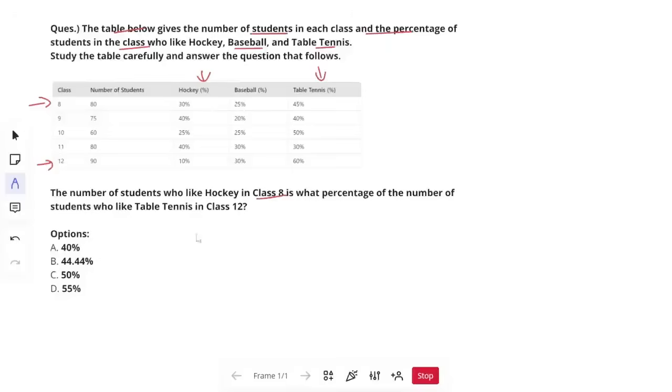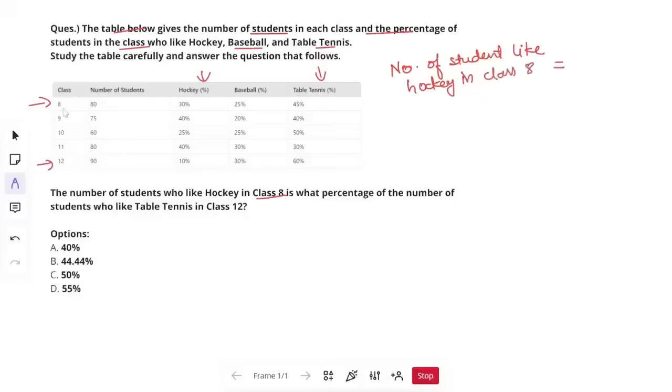So in order to find the ratio which is asked of us, or the relation which is asked of us, the first thing we need to do is find the number of students who like hockey in class 8. Let's see how we can find that out.